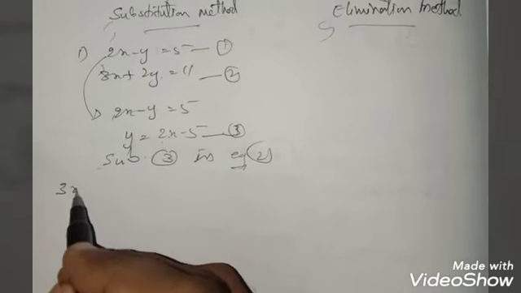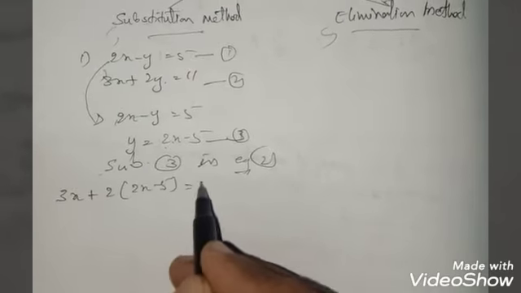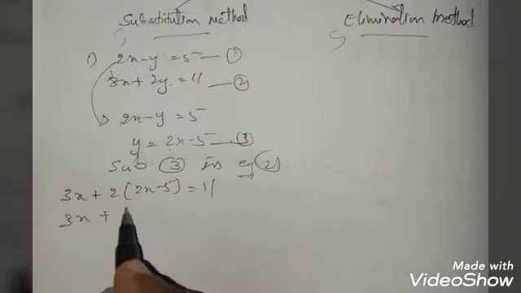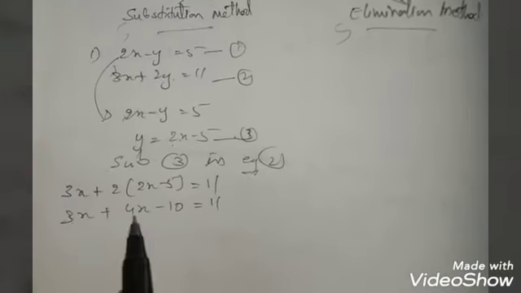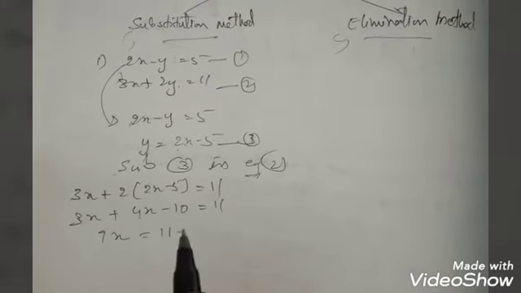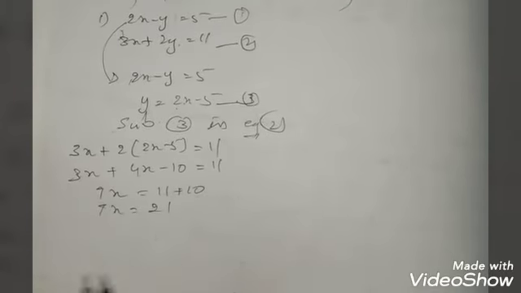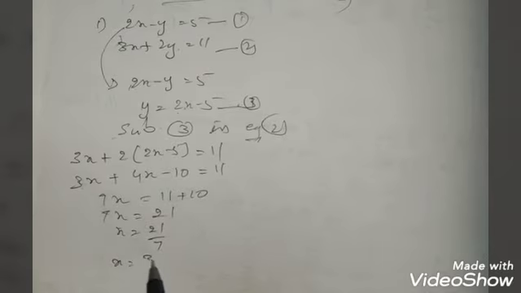If I substitute, you will get 3x plus 2 into (2x minus 5) is equal to 11. Now multiply the 2 inside, you will get 3x plus 4x minus 10 is equal to 11. Now 3x plus 4x is 7x. Now send this 10 over, you will get 11 plus 10. So in total you will get 7x is equal to 21, so x is equal to 21 by 7. So x is equal to 3.